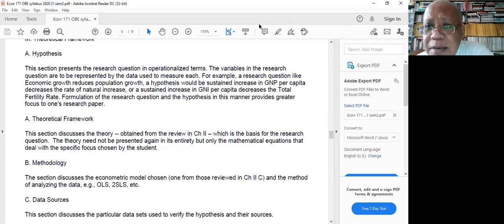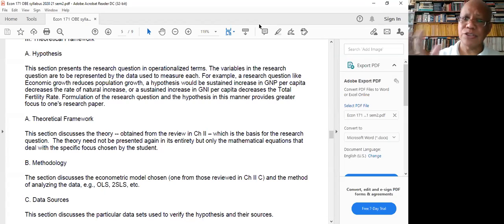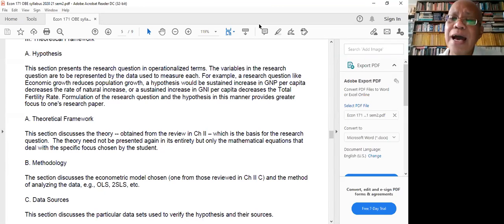Now, as I mentioned to you, the research question is a conclusion of a theory. I'm not sure if it happened here, but it has happened where students keep telling me, oh, here's the research question, and they say that they could not find a theory that actually concludes that. And I said, I think it's because you did it backwards. You first had the research question, then started looking for a theory to back it up. You should have chosen a topic.